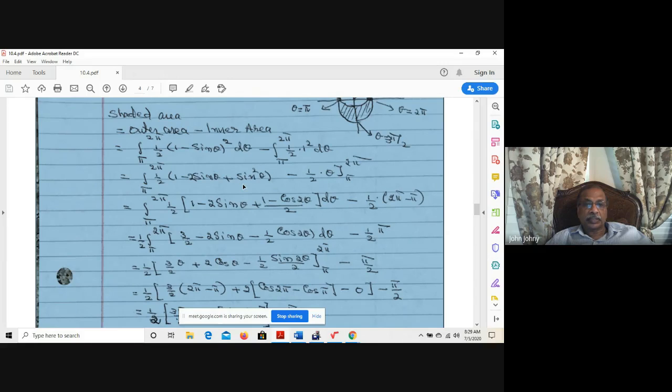Sine square theta, by the double angle power reducing formula, is 1 minus cos 2 theta over 2, minus 1 over 2 times 2 pi minus pi. That is 1 half times pi to 2 pi, 3 over 2. Here is a plus 1 half. 1 plus 1 half is 3 over 2, minus 2 sine theta minus 1 half cos 2 theta d theta, minus pi over 2.